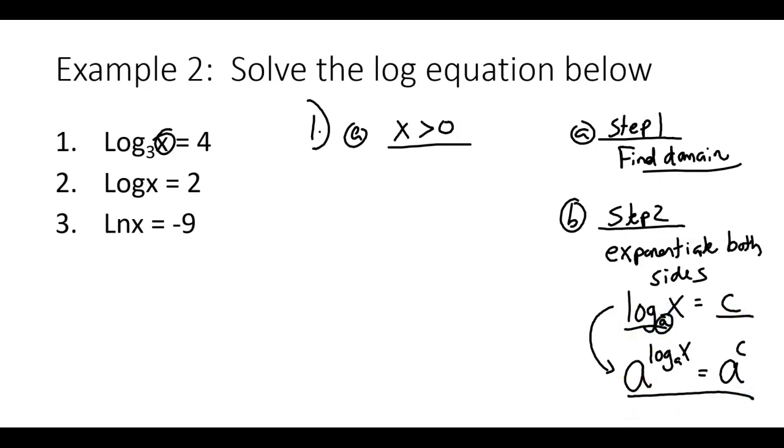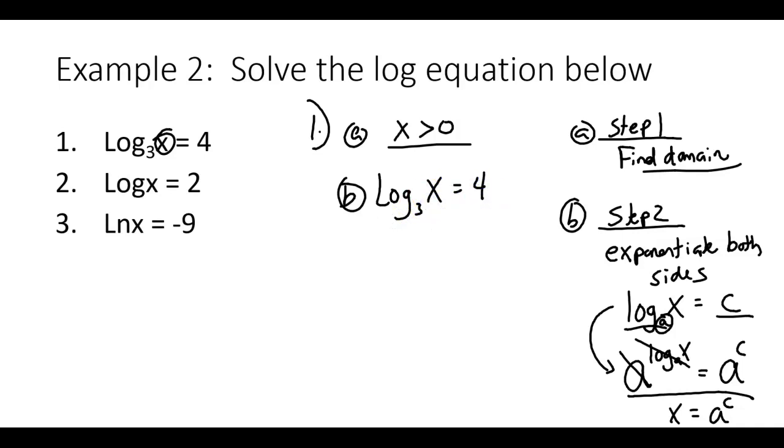Okay. Now, why do we do that? The reason that we do that is because this and this cancel. We saw that in our log properties earlier this year, and we get x by itself by doing that. So let's go ahead and take a look here then. In number 1, we have log base 3 of x equals 4. All right.